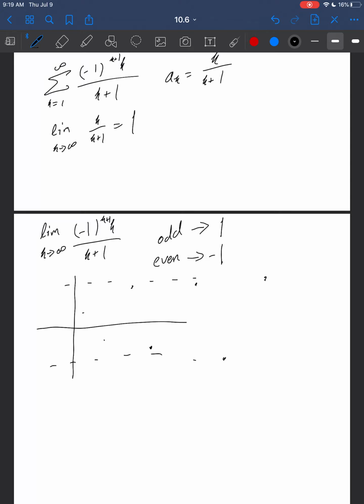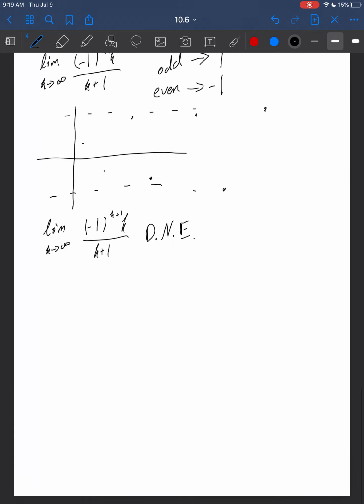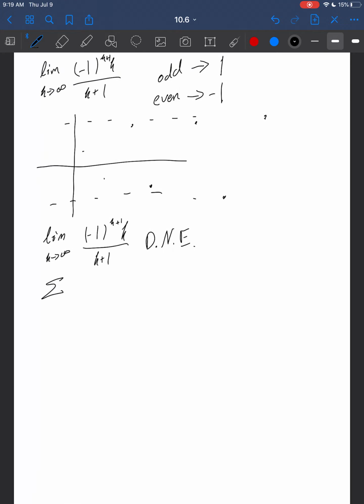And so we can see from this it's clearly not going to converge to any value because half the terms are really close to 1 and half the terms are really close to negative 1. So this limit as k goes to infinity of negative 1 to the k plus 1 times k over k plus 1 does not exist, because we have this oscillating behavior between 1 and negative 1.